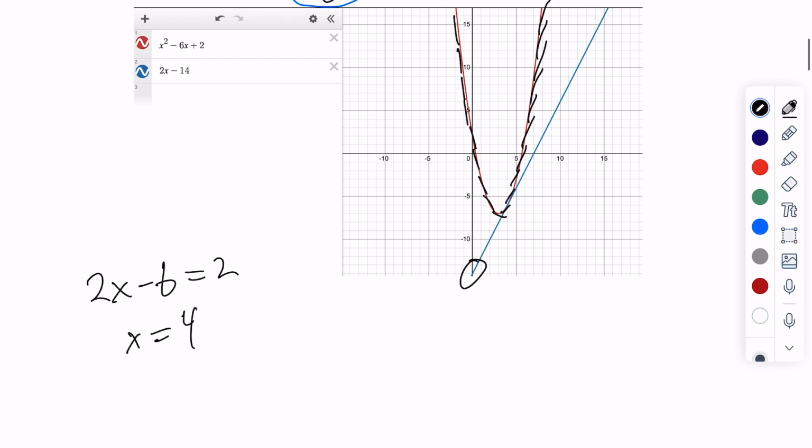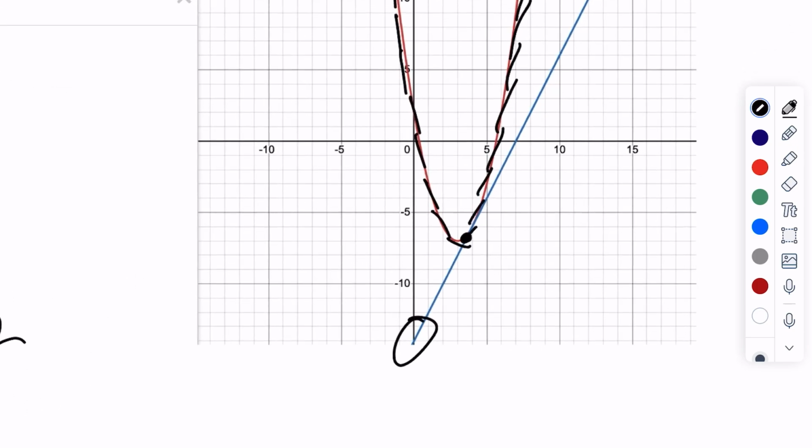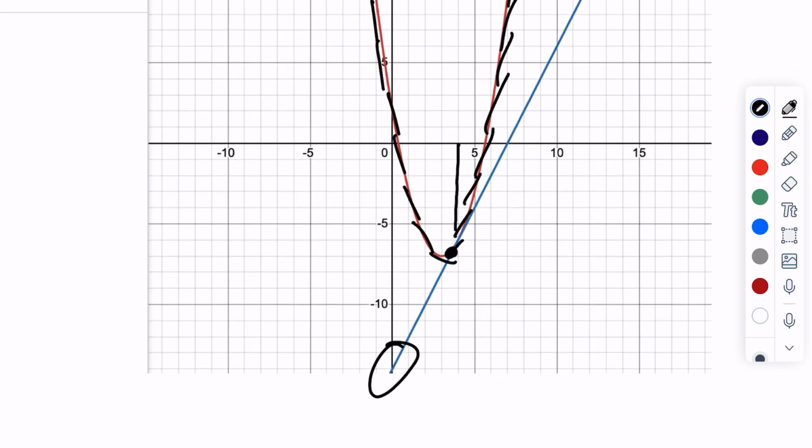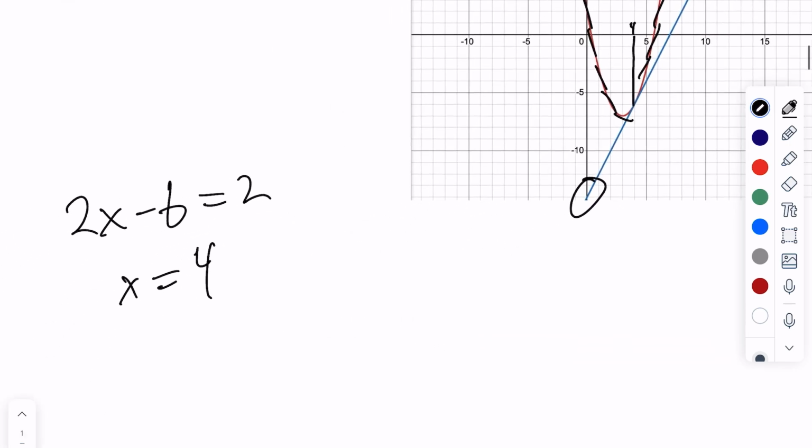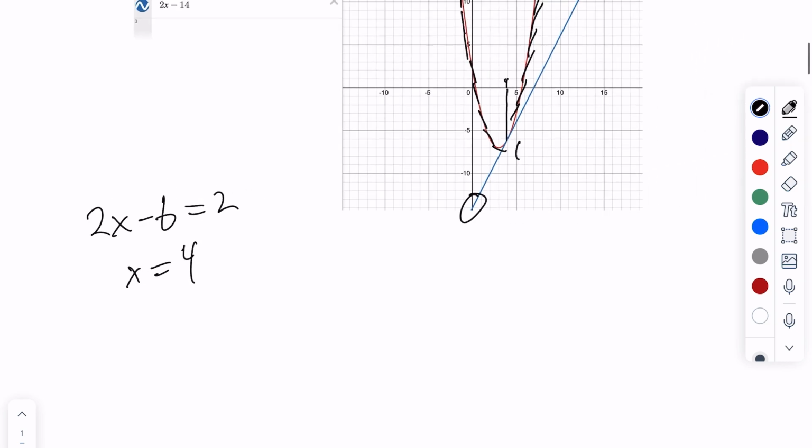So now we have one point here, which you can see where they intercept. Where they meet is at 4, right there. X equals 4. So that's one point.